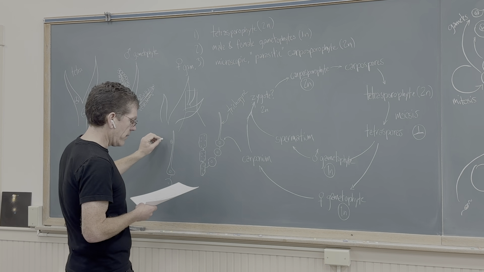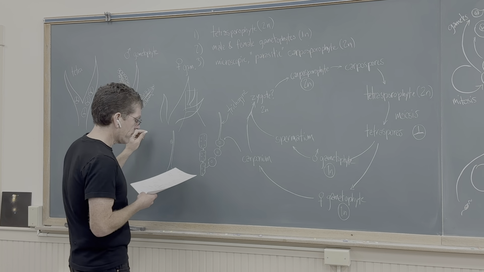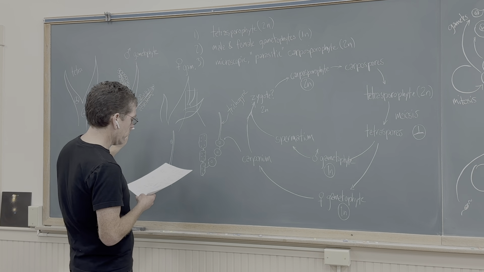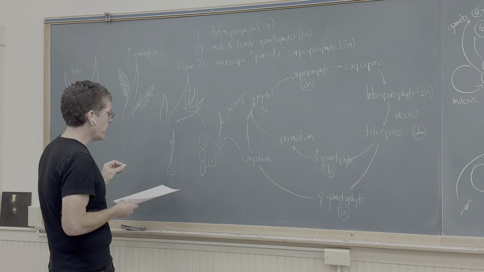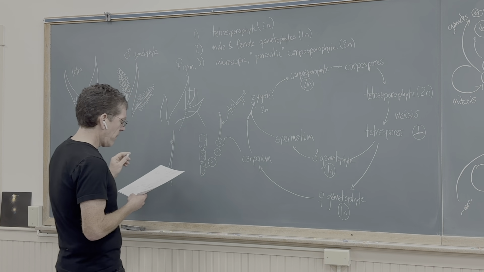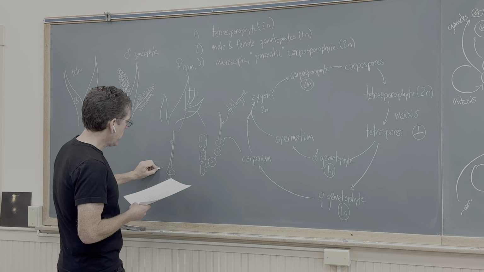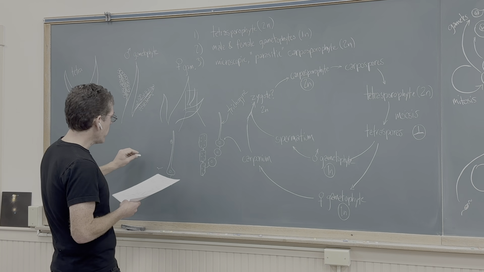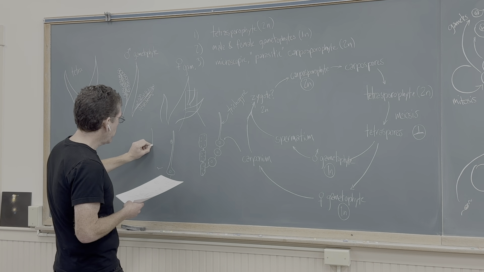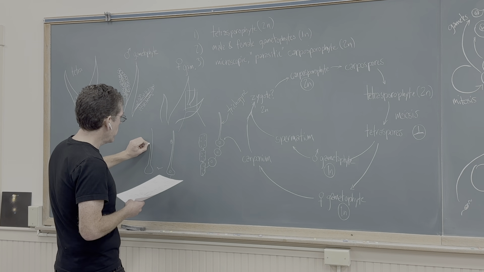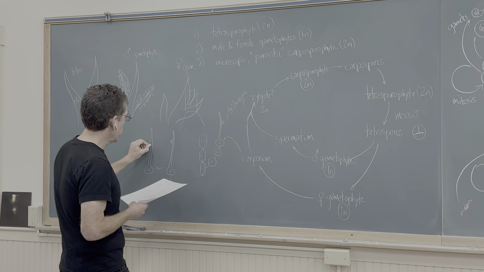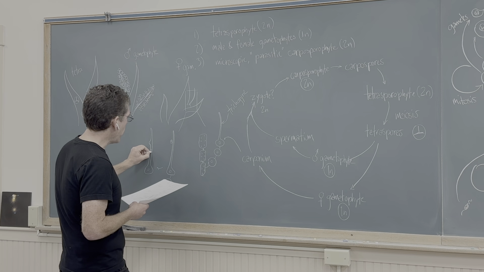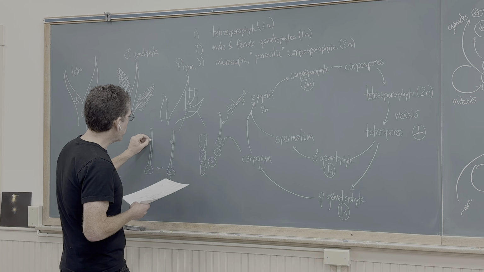When a sperm binds, as it happens, there are two nuclei in the spermatium, I think, and it fuses with the trichogyne, and one nucleus moves down and one nucleus moves up.